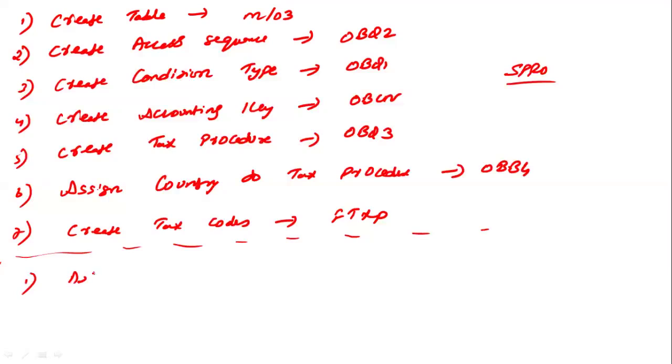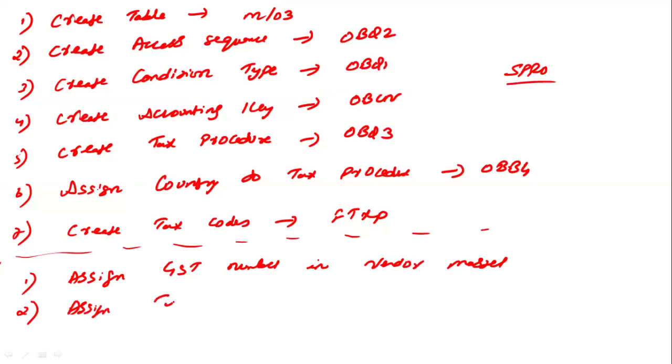Then you have to assign the GST number in vendor master. Then assign the tax indicator in material master.